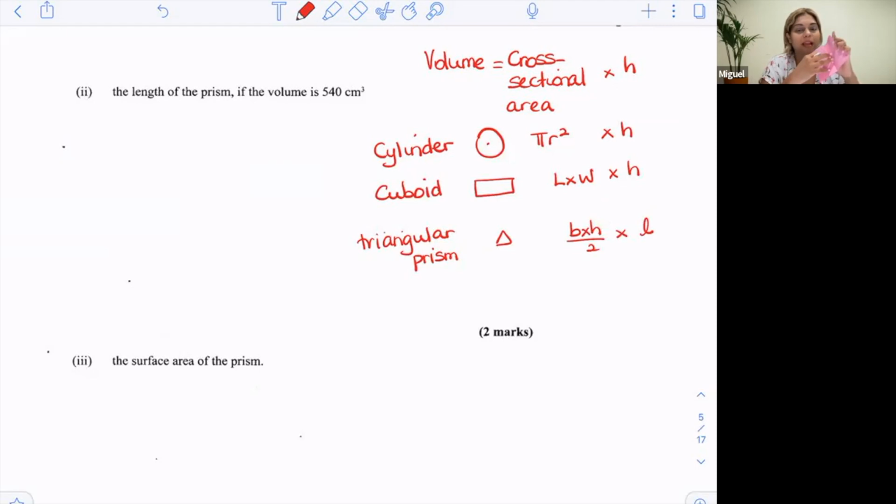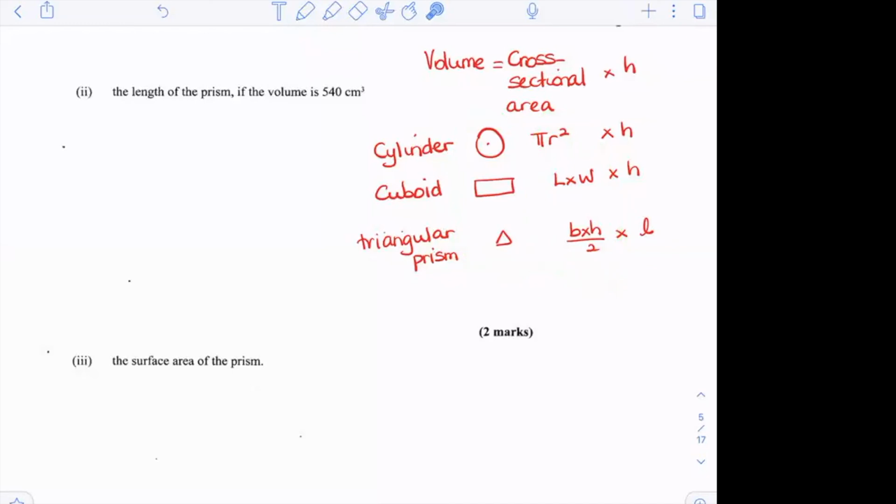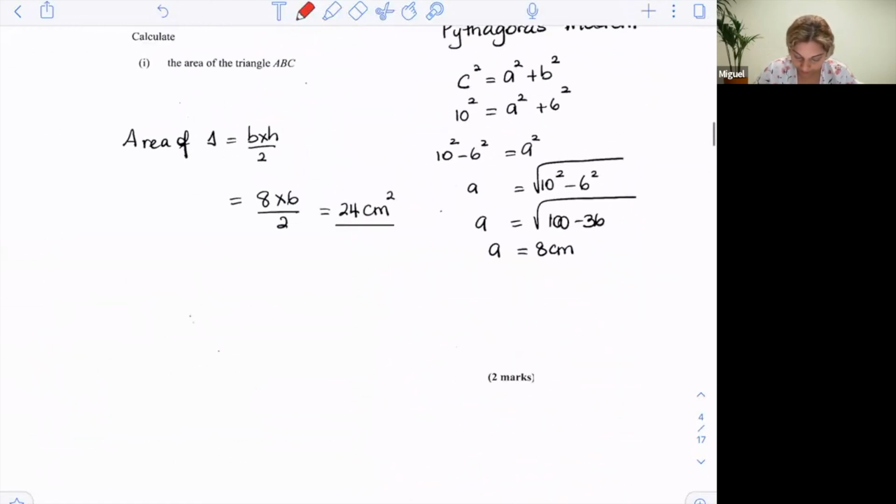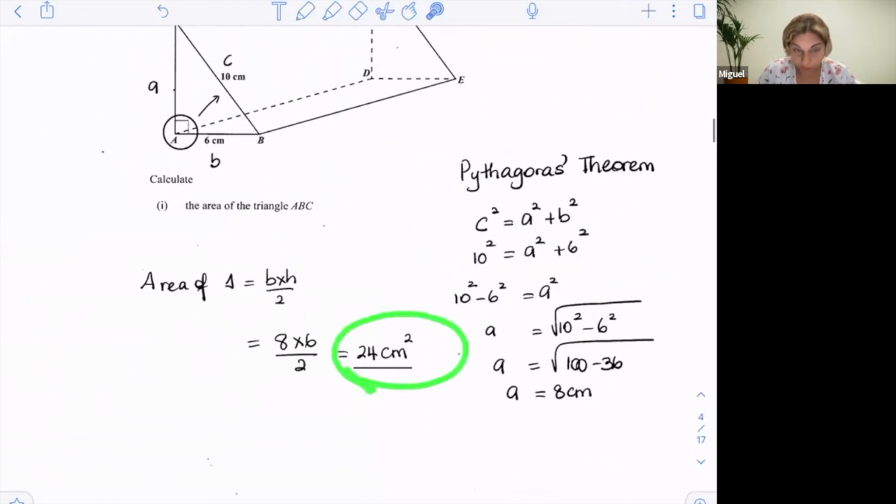We can't repeat height again, so we will call it L. So do you all see that this is common here? And do you see that the cross section is the shapes that we can identify? Yes, miss.